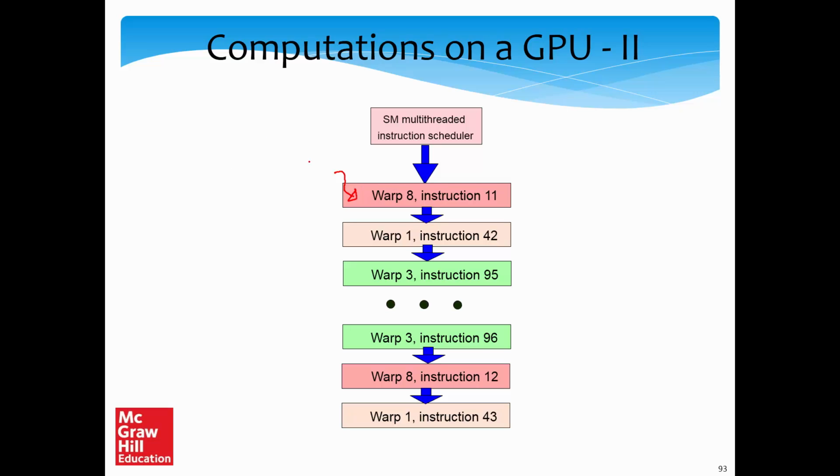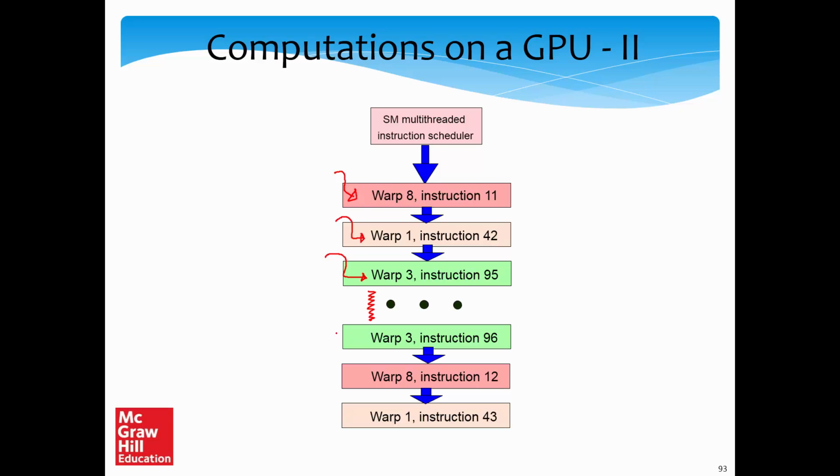So let's say it chooses instructions from warp 1 and instruction 42. And then it again chooses instructions from warp 3 with instruction 95. After that, it chooses other warps, but it does not choose warps 1, 3, and 8.